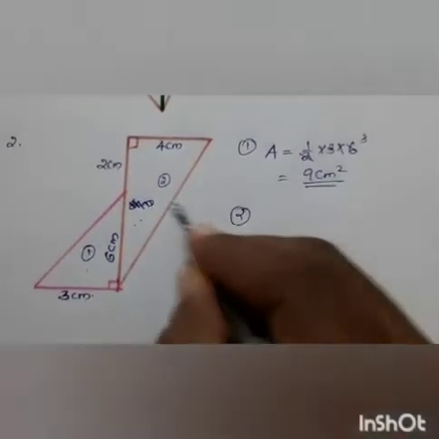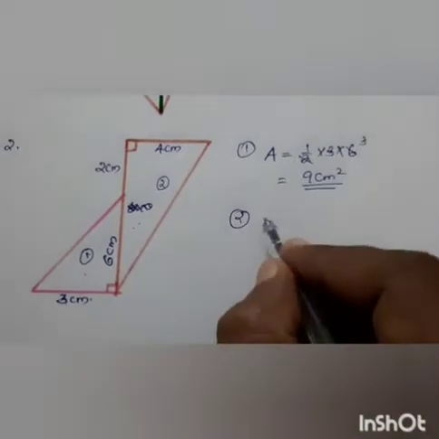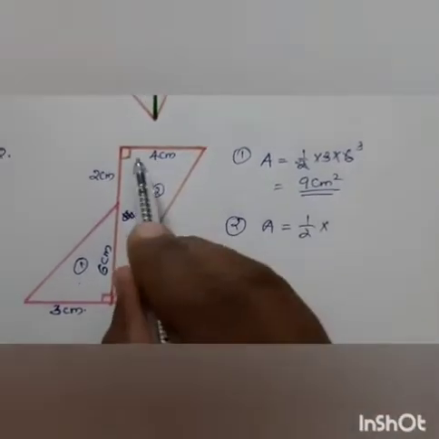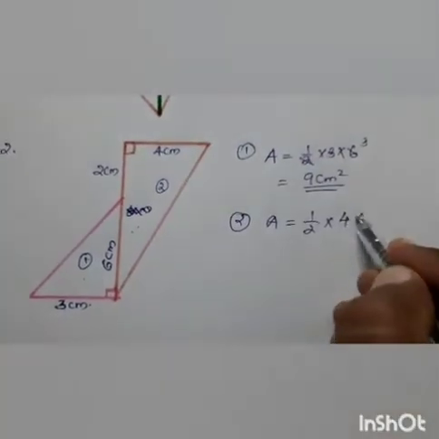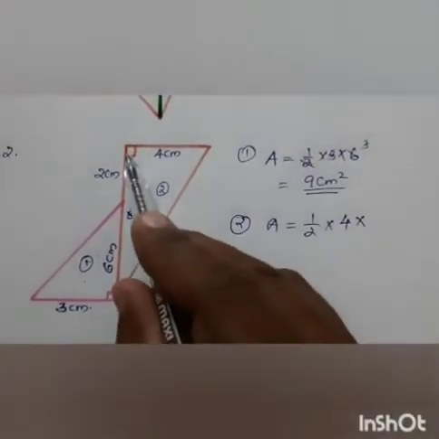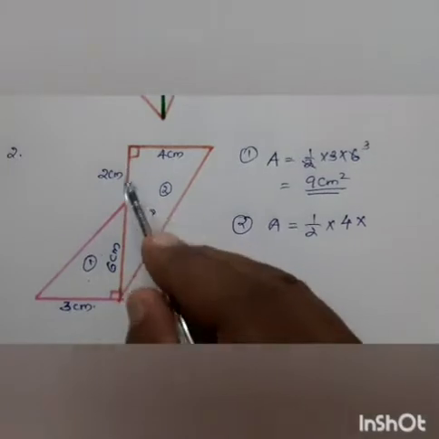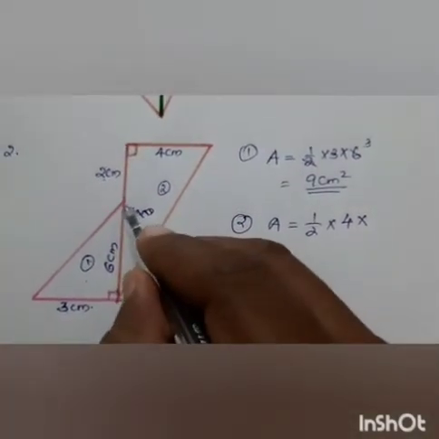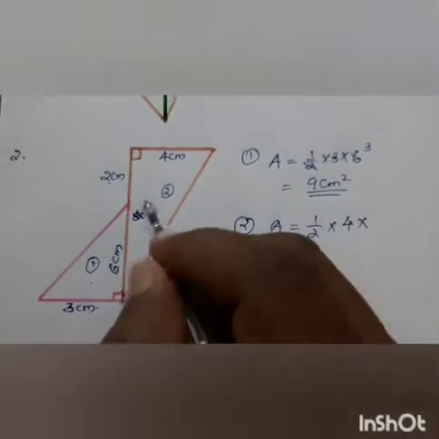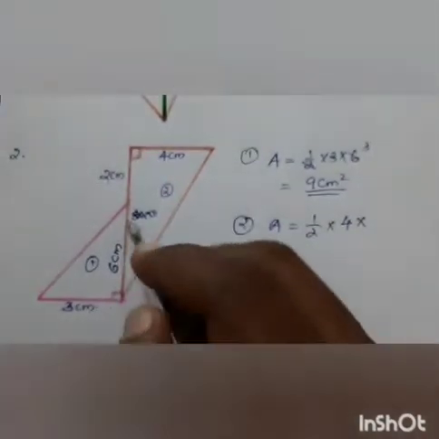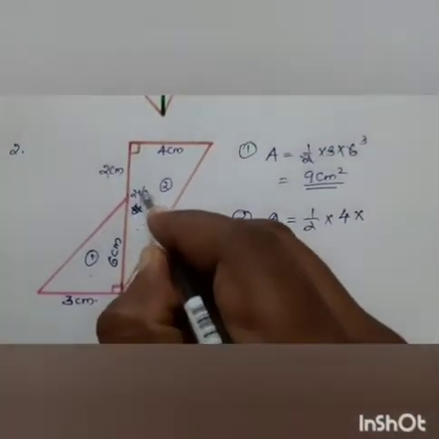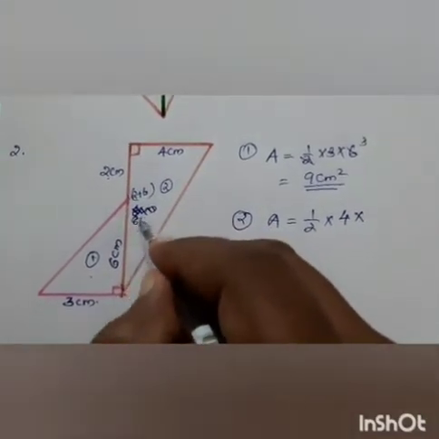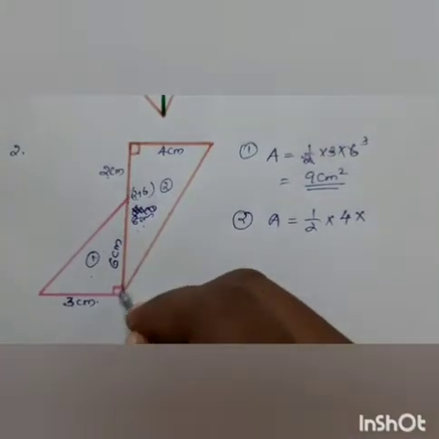Then about the second triangle, area is equal to half into, what is the base length? 4 centimeter. Then what about the length? This length, how will you calculate? This length is given as 2 centimeter, and this one is 6. So how much is the total length? 2 plus 6, that is 8 centimeter is the total length of this perpendicular side.